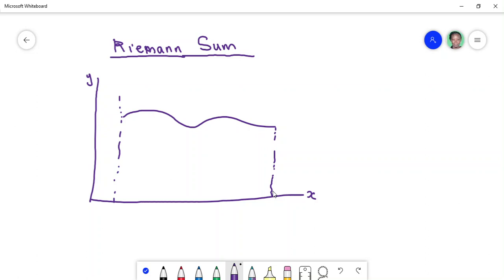Because this doesn't look like the normal polygon shapes we know, which become easier. If it's a rectangle, you know how to find the area. If it's a rhombus, it's easy to find as well. But here is the case where you have this curve to find the area.